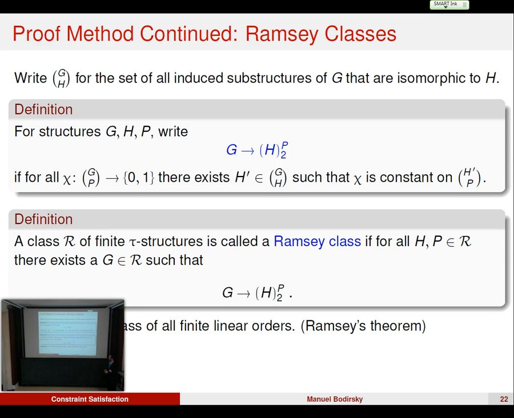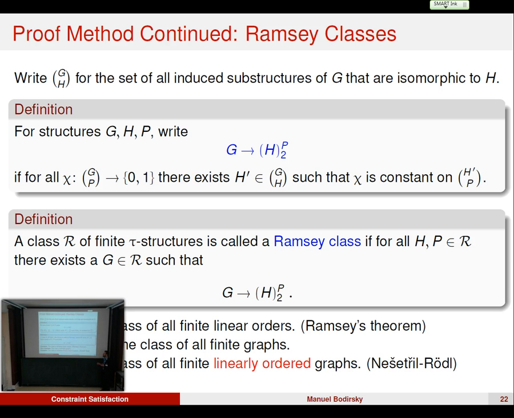An example: the class of all finite linear orders is a Ramsey class, and this is equivalent to Ramsey's theorem itself, as explained in the talk of Slavomir. And a non-example, which is unfortunate because we are interested in the random graph: it's not true that the class of all finite graphs is Ramsey in this definition.